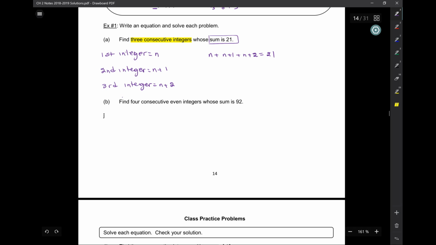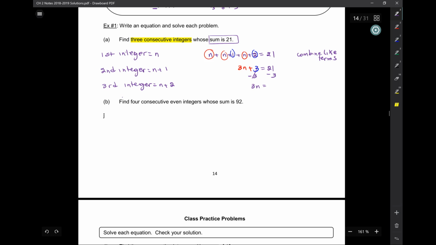So now we're going to combine like terms. So here we have 3n plus how many? 3 equals 21. We can subtract 3 from both sides.